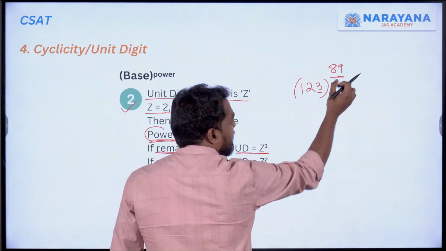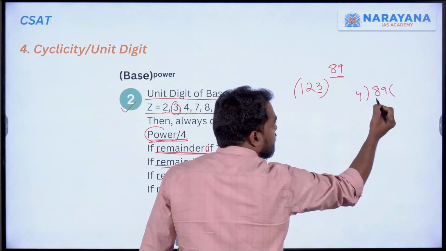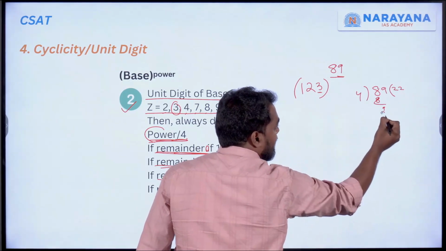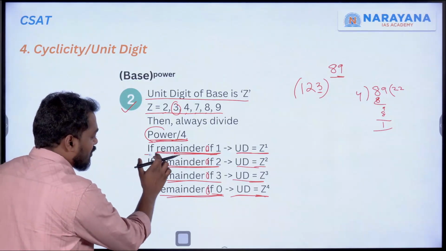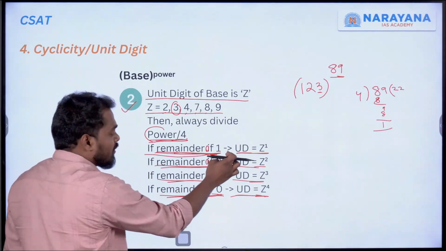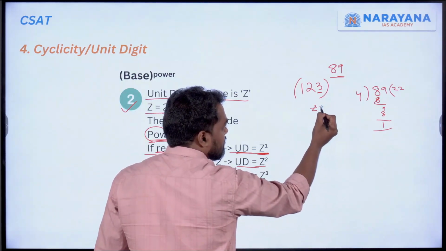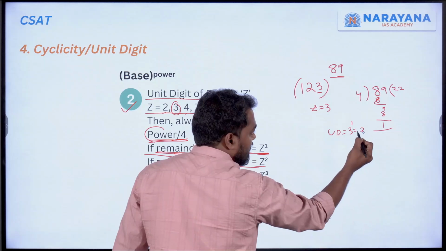Take the power, divide it with 4. 89 divided by 4: 4 twos are 8 and 9, you are getting a remainder of 1. Now what is the rule? If you are getting a remainder of 1, your unit digit is z to the power 1. What is z? Nothing but 3. So your unit digit is 3 to the power 1, that is 3.